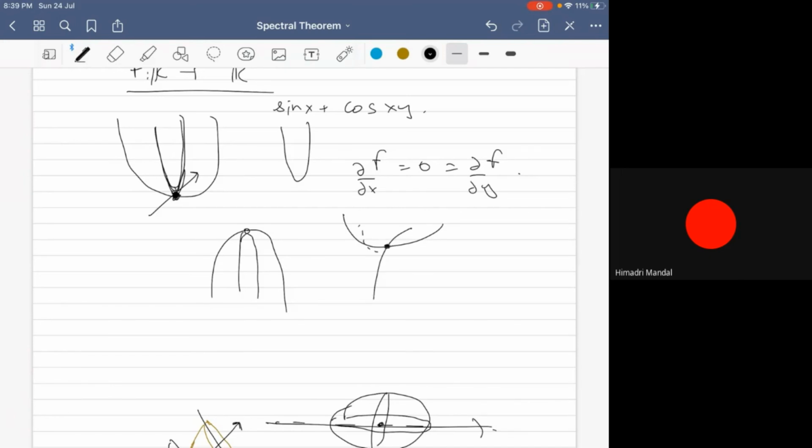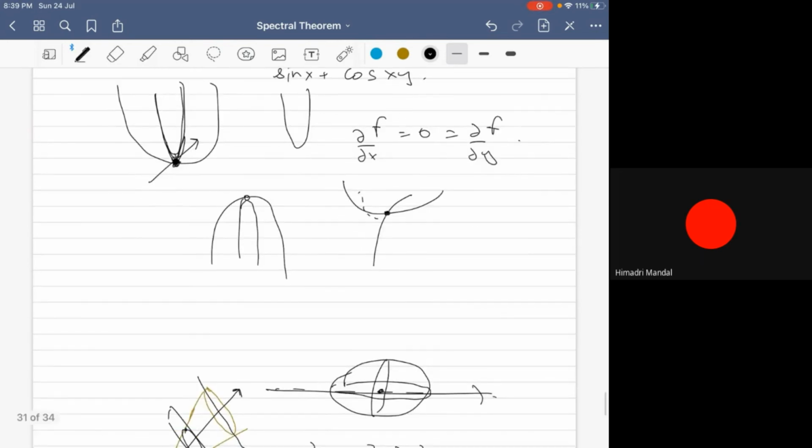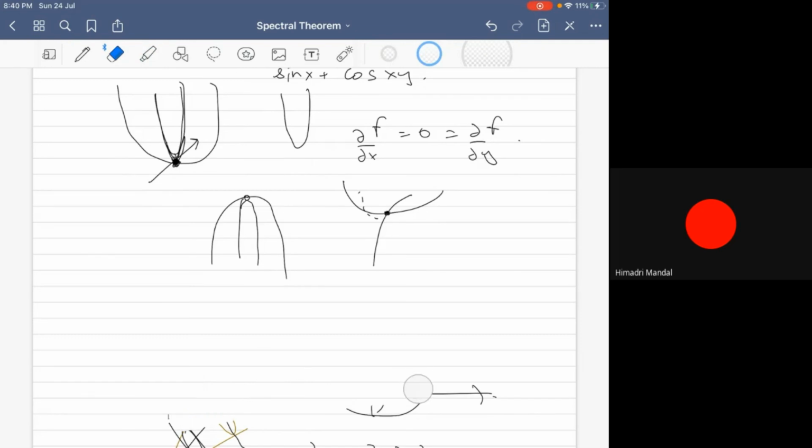So suppose you want to find out whether it's a saddle point or a minima or a maxima, then that also uses the same sort of ideas.